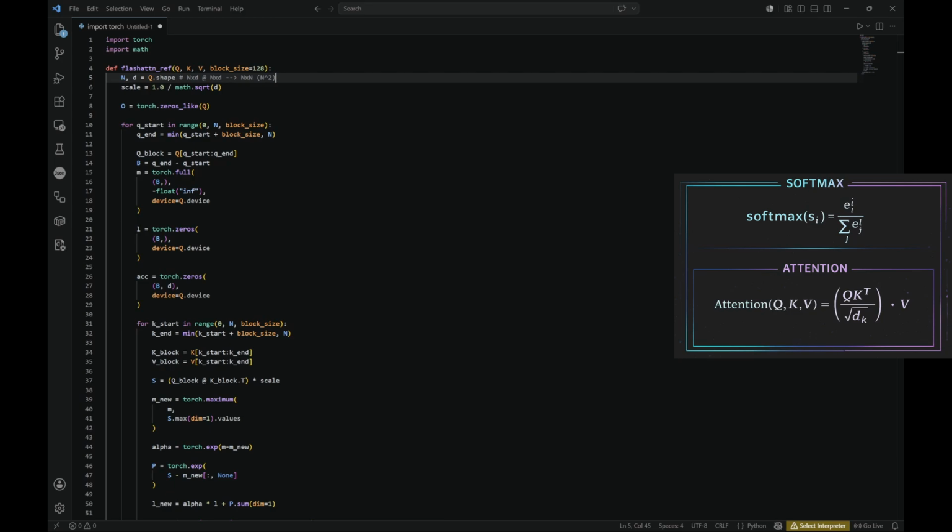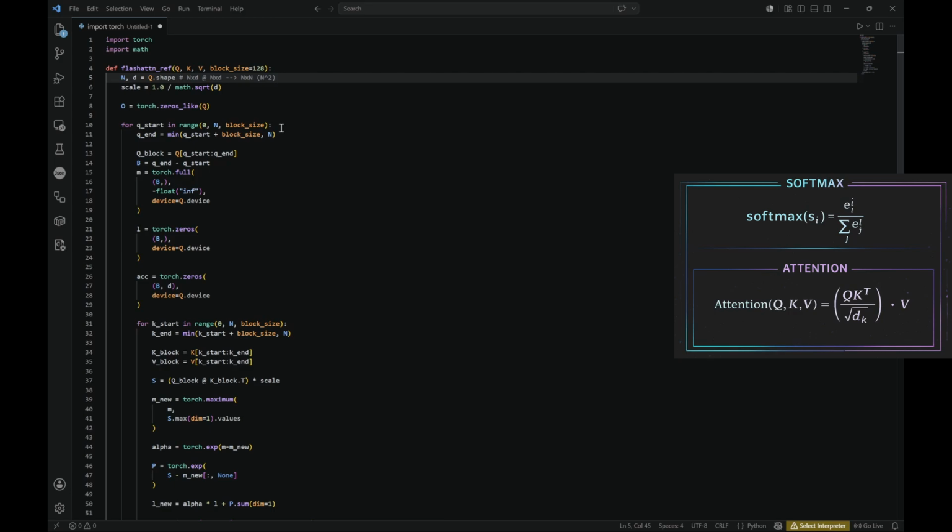So when we first had transformers, we had to deal with that, and it was horrible, and we didn't like it. But some genius by the name of Tri Dao comes in and turns this n squared problem into an O of n solution. So that concept is what we'll be going over today.